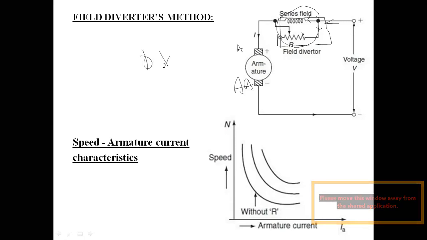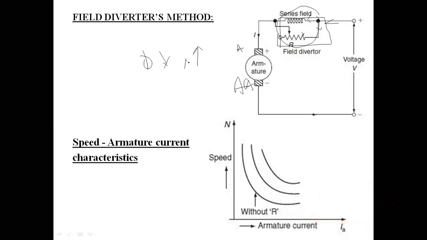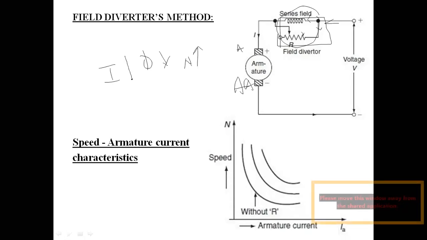When the flux is decreased, the speed of the motor is going to increase, because the flux depends upon the current. So we have the relation: the torque depends upon the armature current and the flux. By decreasing the flux, the speed is going to be increased.